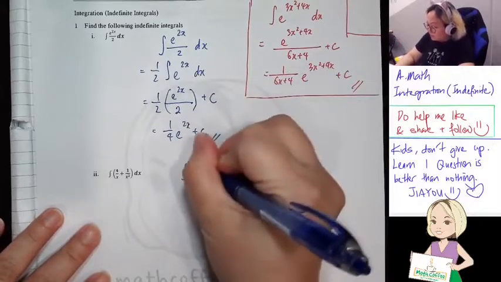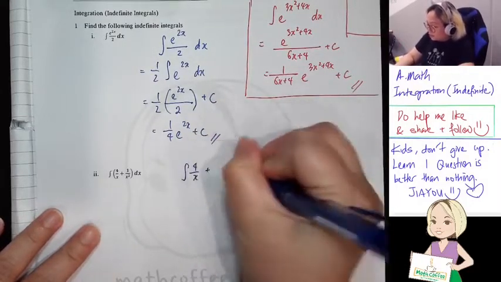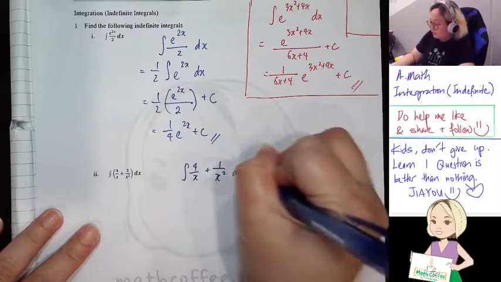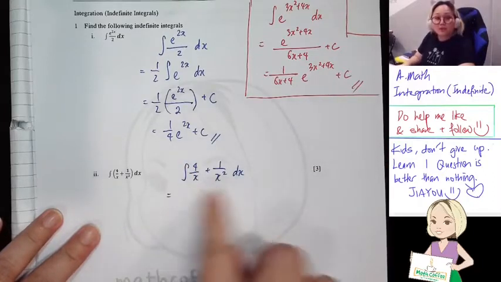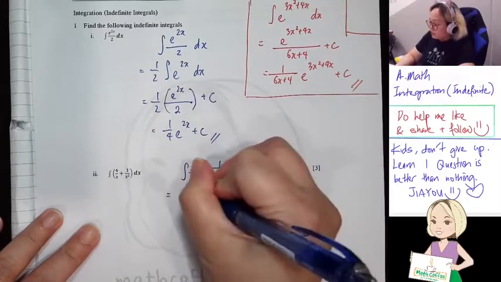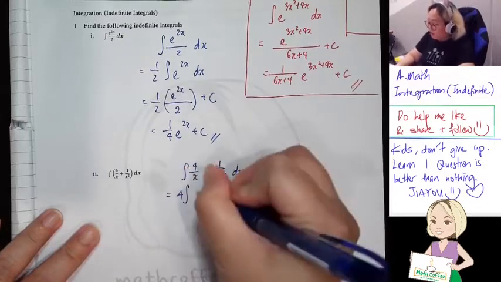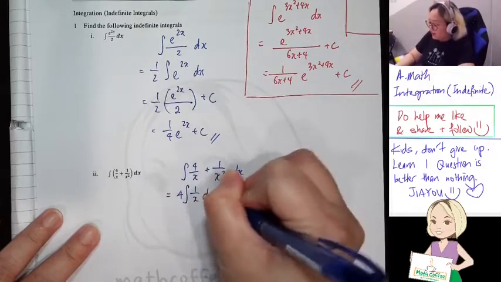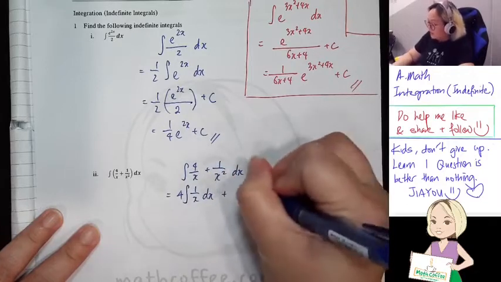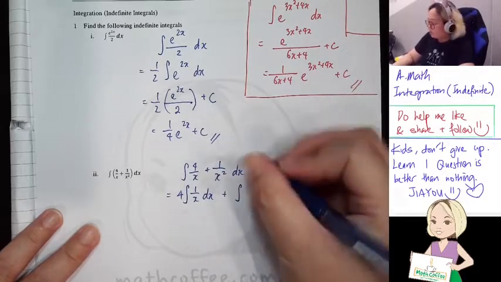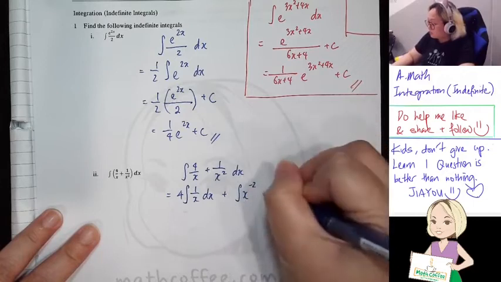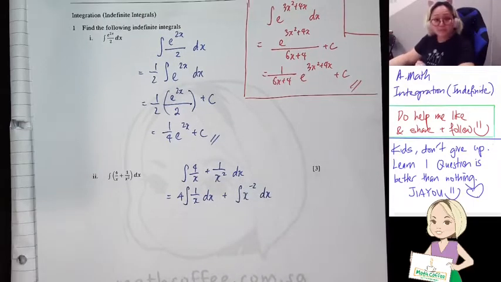Integrate 4 over x plus 1 over x squared dx. I'm going to split this because these are two separate terms. I can take out the constant 4: integrate 1 over x with respect to x, plus integrate, for this one I'm going to put it in index form, x to the power of negative 2 with respect to x.